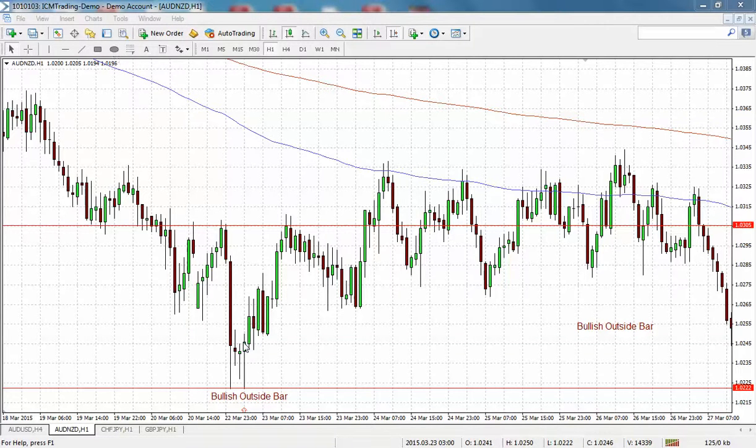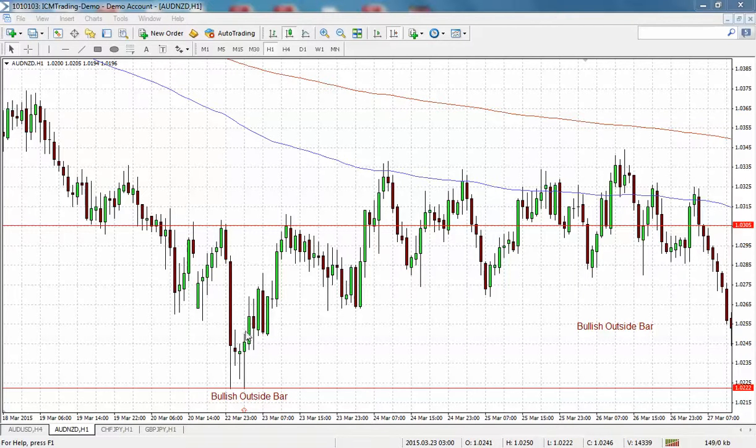What makes it an outside bar is that this bar's high is higher than this previous bar's high, and the bar low is also lower than the previous bar low. Without this bar being higher and lower than this previous bar, then it would not be a bullish outside bar. So it has to completely engulf the previous bar. That's what makes this a bullish outside bar.